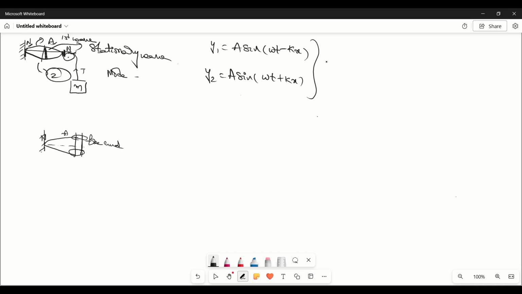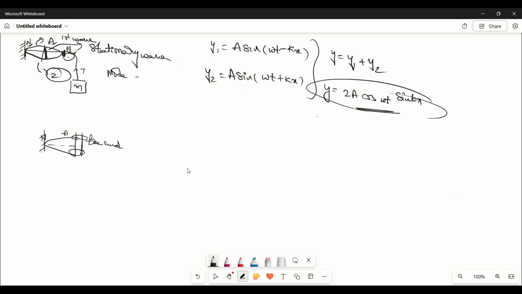According to the principle of superposition, y equal to y1 plus y2, and substituting these two expressions and simplifying, we get 2a cos omega t into sine kx. This represents the resultant displacement equation, and by using this equation we are now going to derive the condition for transverse waves.